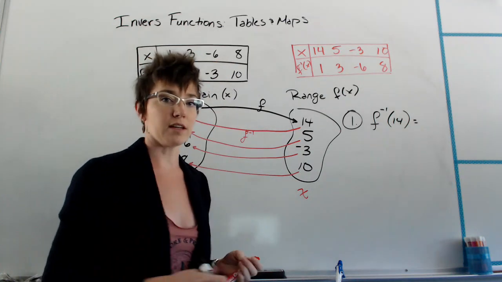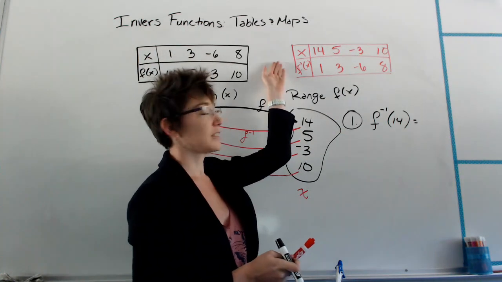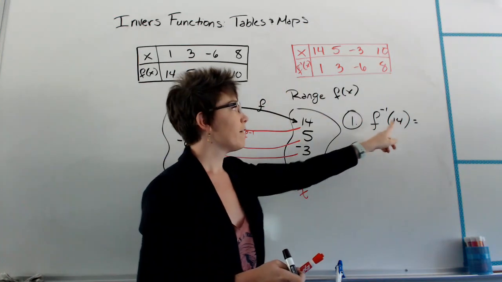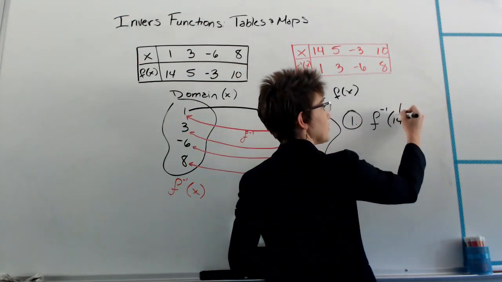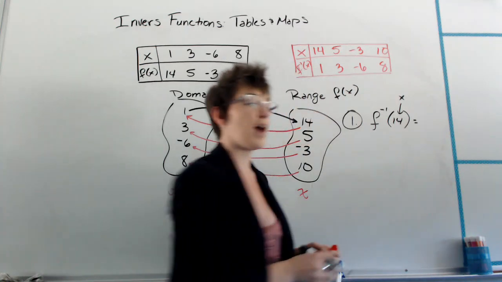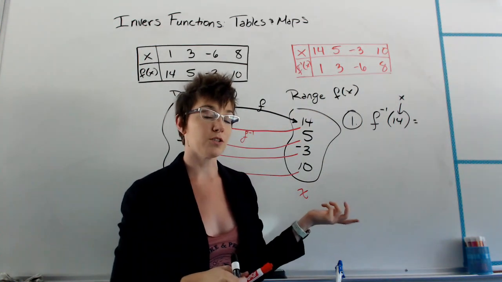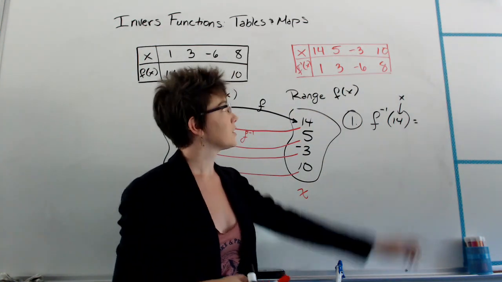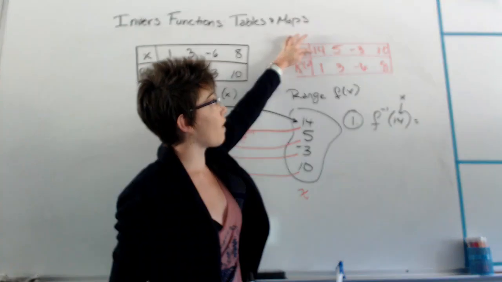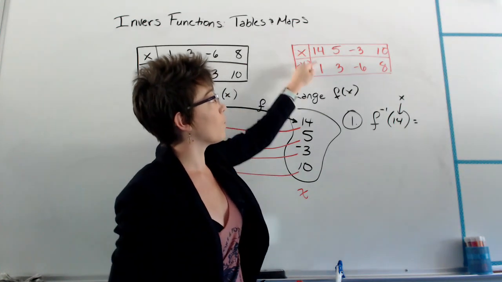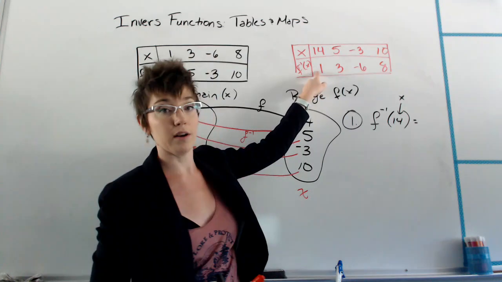I want you to think in terms of, we're now looking at this table over here. 14 is my input, so this is my X, and it's an input to the inverse function. So I am looking for it up here in the X column, and the output was 1.